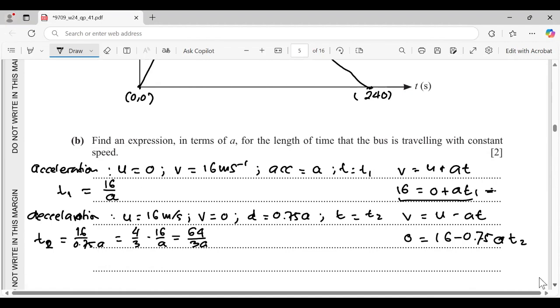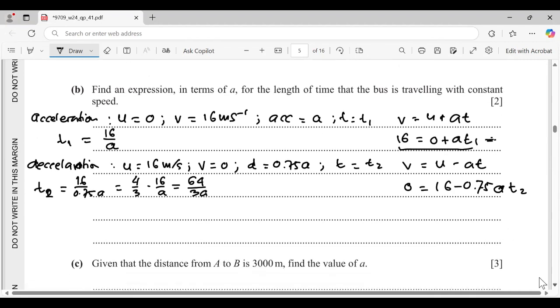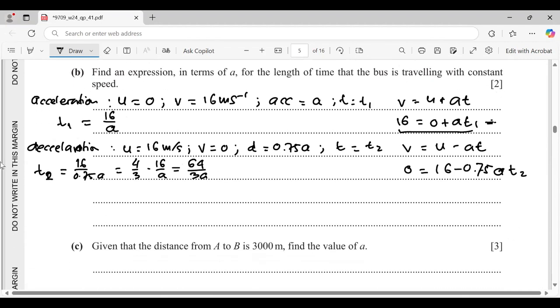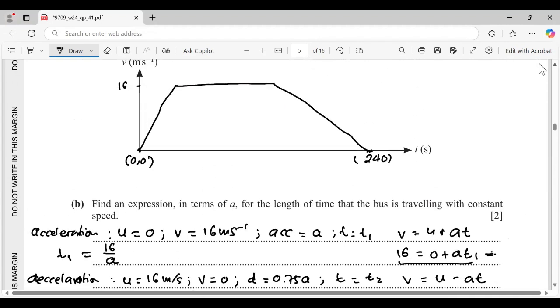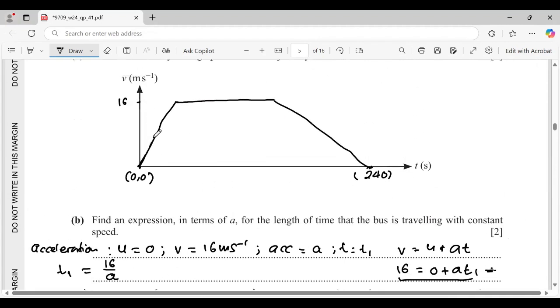And the total time, we can determine the total time. The total time is T1 plus T2 plus TC, where TC is the constant speed time. So I'm going to show you on this graph. This is the acceleration, and we got T1 here and T2 here. This is the deceleration, and this one is the constant speed here, TC.